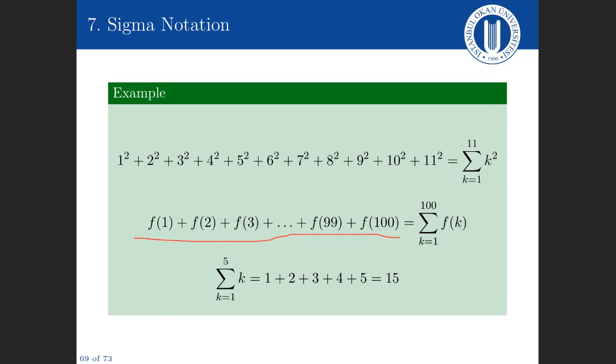Or instead of writing f of 1 plus f of 2 plus f of 3, all of the way up to f of 99 plus f of 100, instead of writing this very long thing, I could just write the sum from k equal to 1 to 100 of f of k.